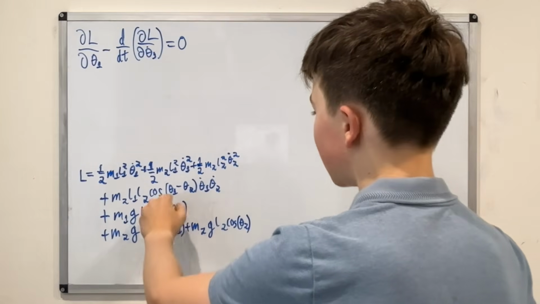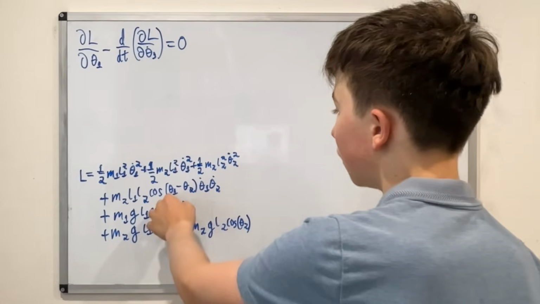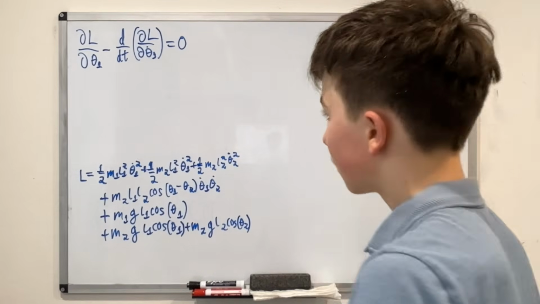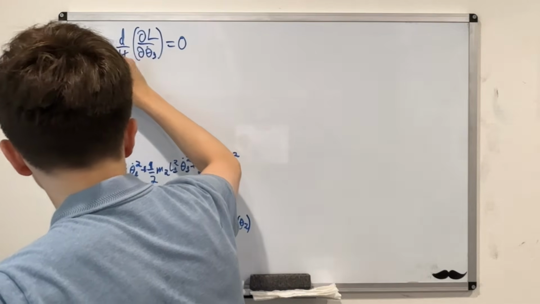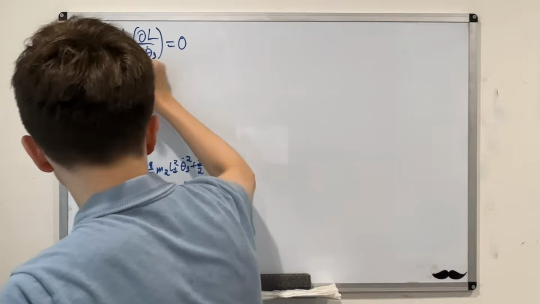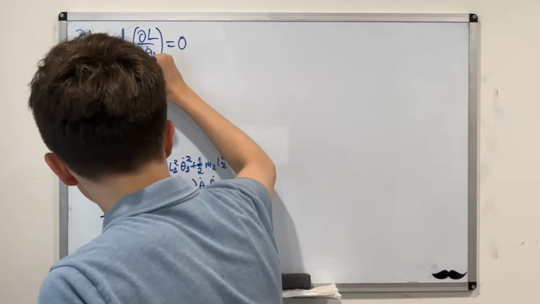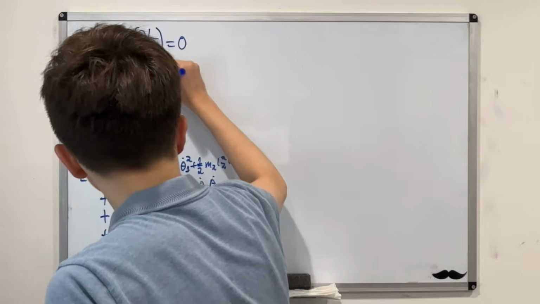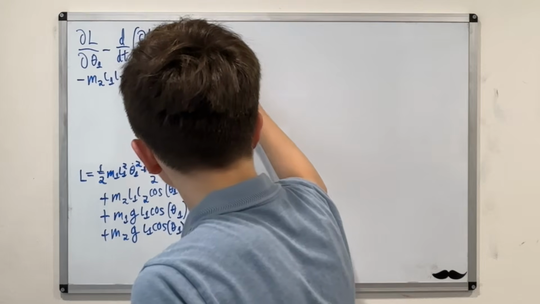And then we're going to have the derivative of cosine, which is negative sine of theta 1 minus theta 2. So then we're going to have negative m2 L1 L2 times sine of theta 1 minus theta 2 times theta 1 dot times theta 2 dot.